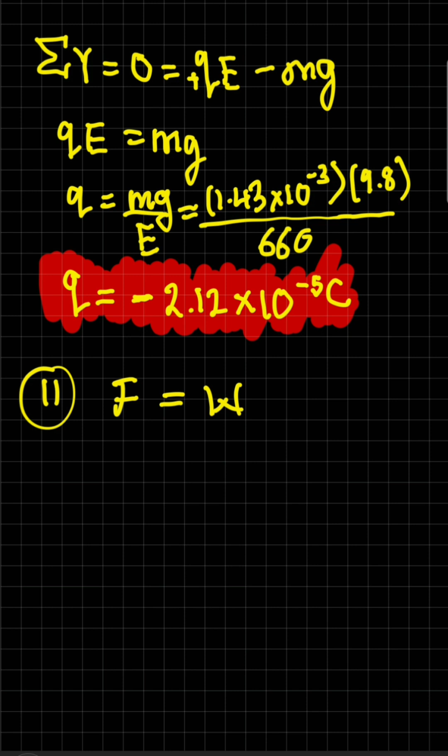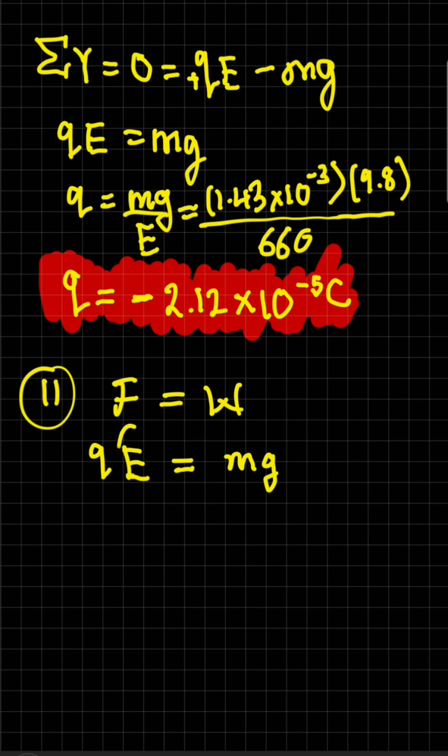We know that the electric force on a proton is simply the charge of that proton multiplied by the electric field it is in, and the weight of the proton is equal to the mass of the proton multiplied by the acceleration due to gravity.